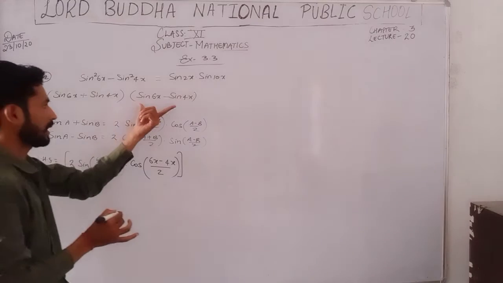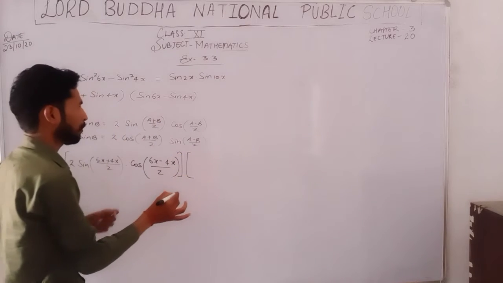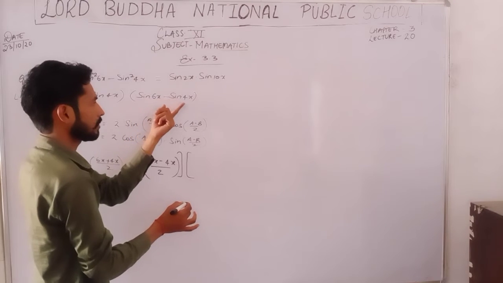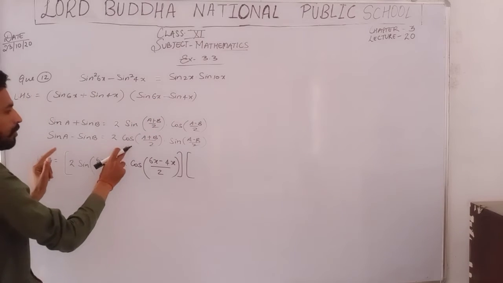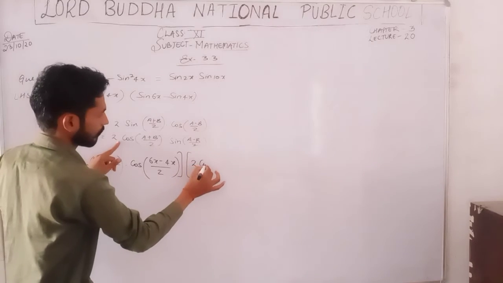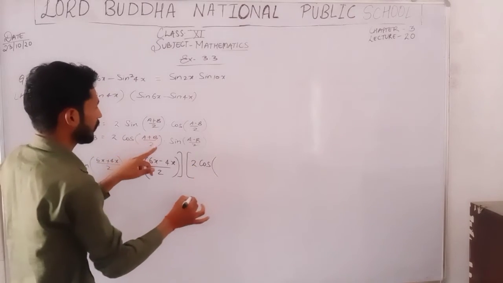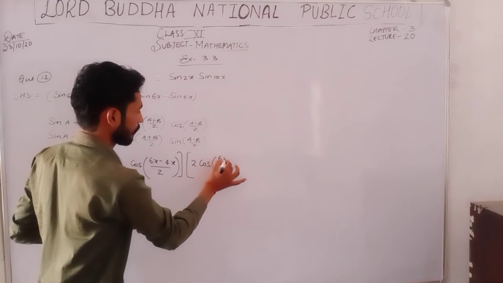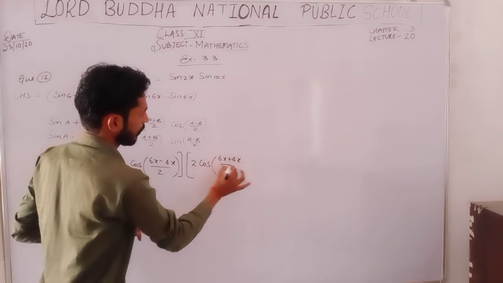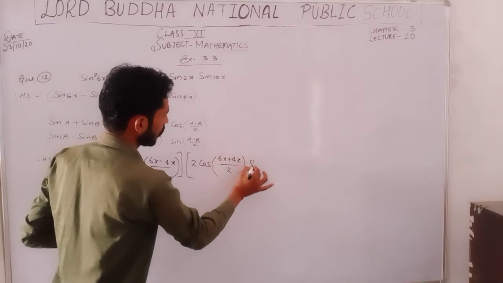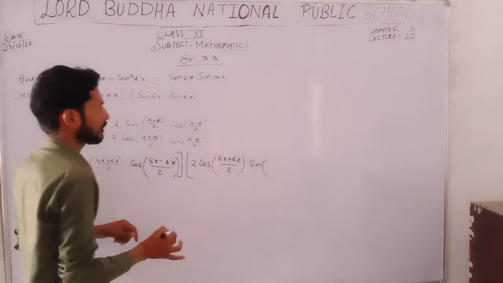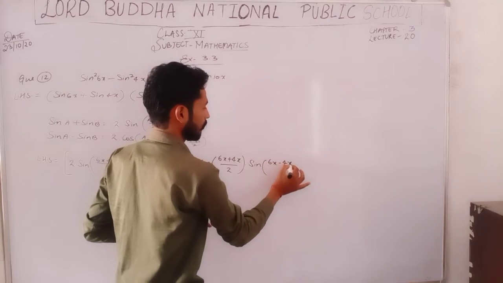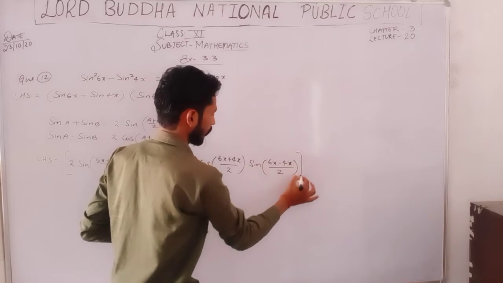And in place of sin 6x minus sin 4x, write the other formula: 2 cos (A plus B) divided by 2, that means 6x plus 4x divided by 2, into sin (A minus B) divided by 2, that is 6x minus 4x divided by 2.